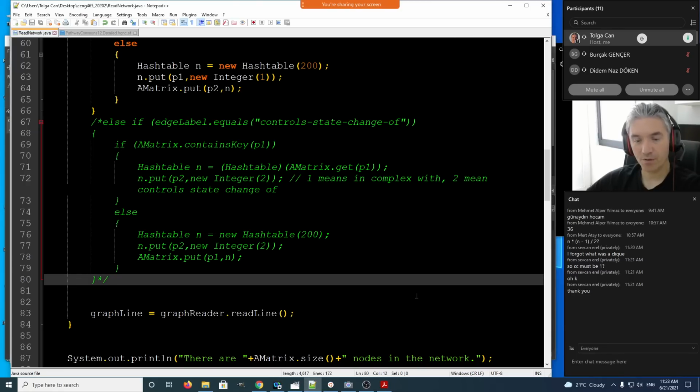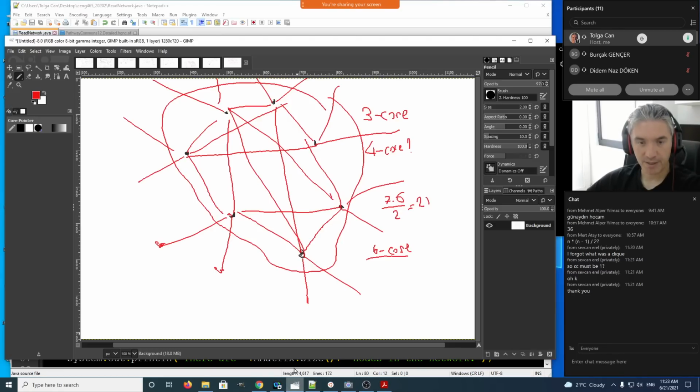Although K-coreness is a property of the entire subgraph, if, for example, a specific node here is a member of a 3-core, and that's the largest it can attain, and it cannot be a member of a 4-core or 5-core, we give a value of 3 to the K-coreness of this node.